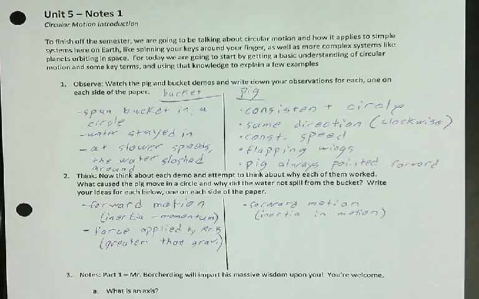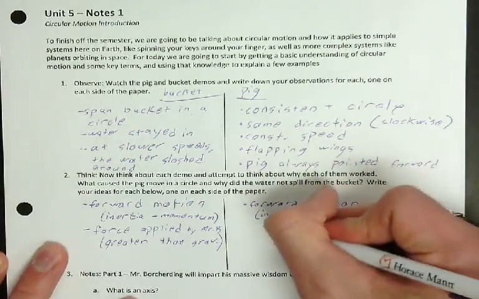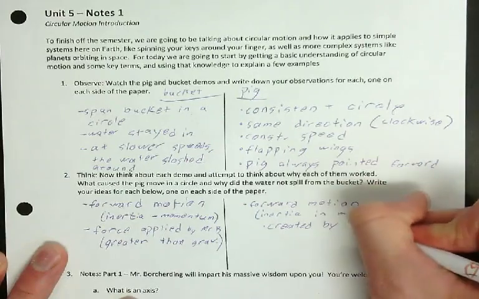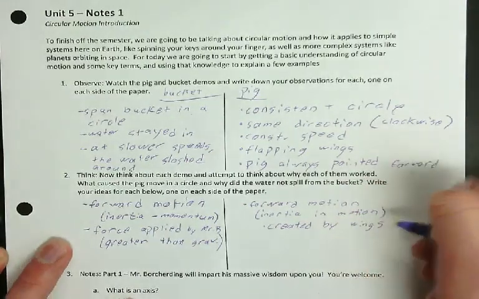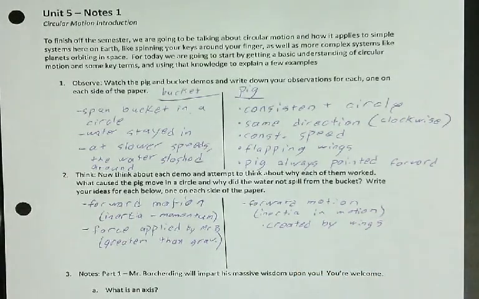Now, on the bucket, that was partially created by me, spinning it around as I went. So in this case, that's going to be partially created by the wings. And we can talk about why we need the wings later. But the wings are kind of what pushes the pig forward, creates that forward motion.